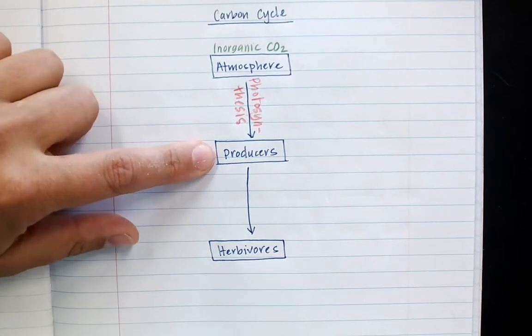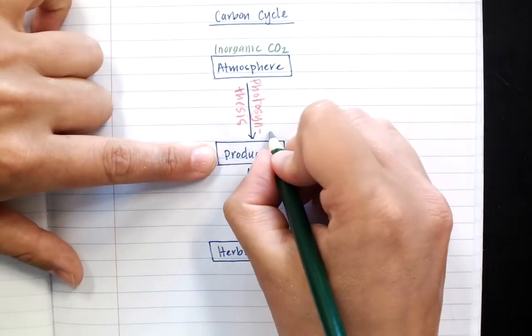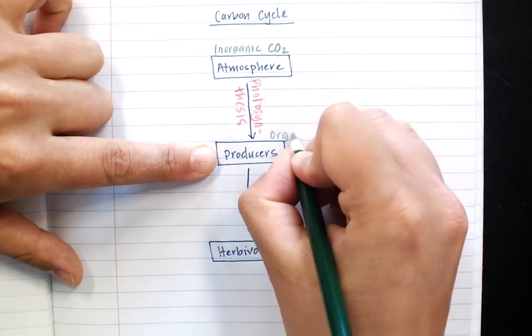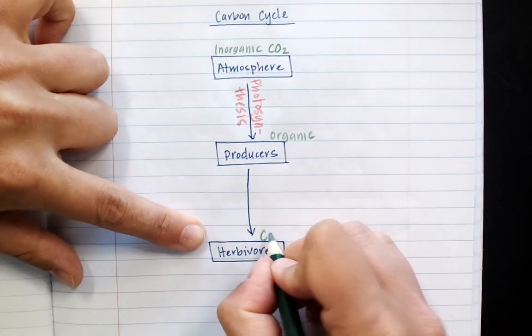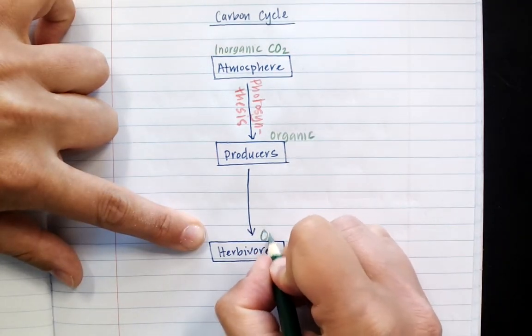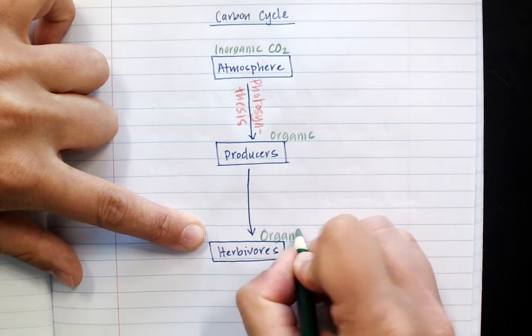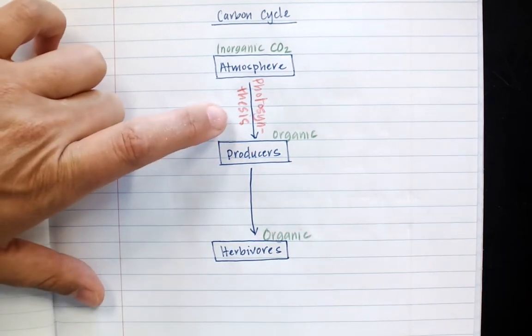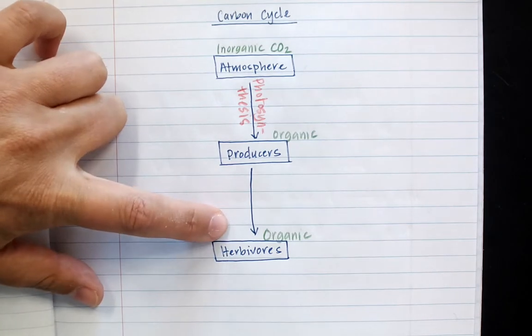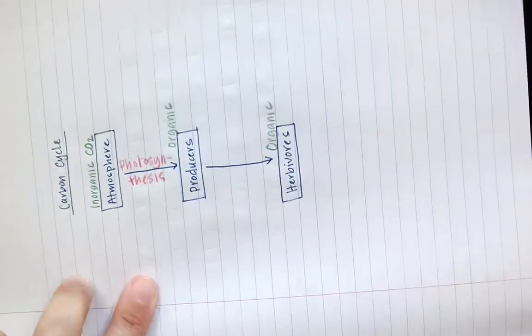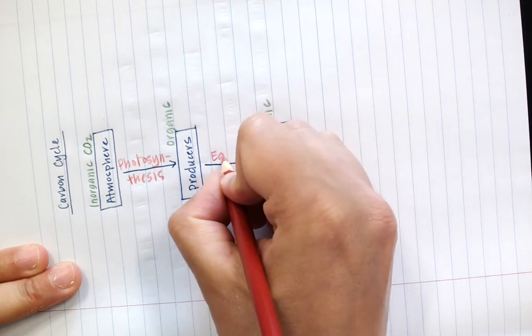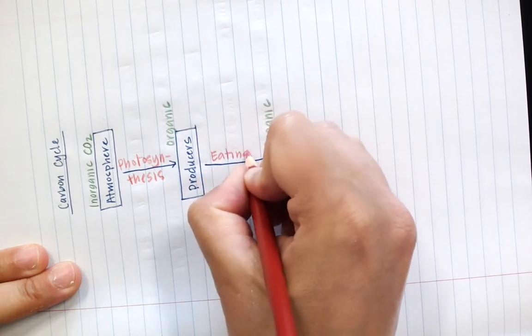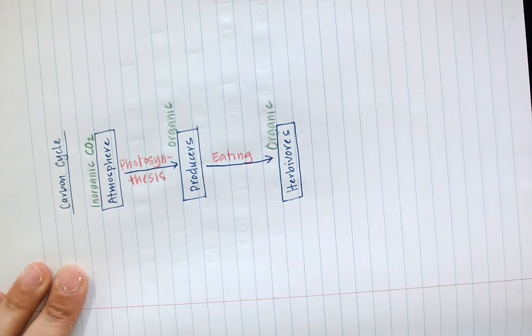Now, these producers have organic carbon, and they are moving it into herbivores also as organic carbon. But the process that moves it from producers to our herbivores is eating, so that is going to go there.